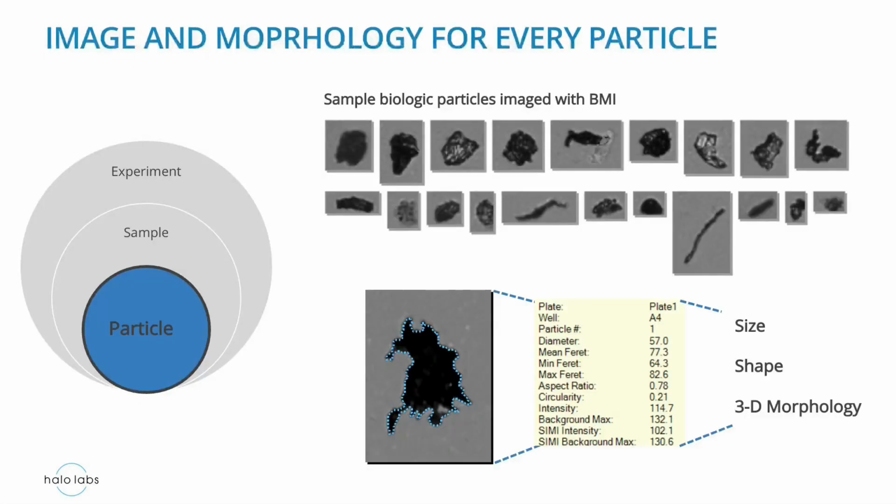At the first level, you get images for every single particle present in every single well. Each of these particles is analyzed independently, resulting in key morphologically relevant as well as size information. This particular particle measures 57 microns in diameter, its largest extension is 77 microns, and it's not circular.